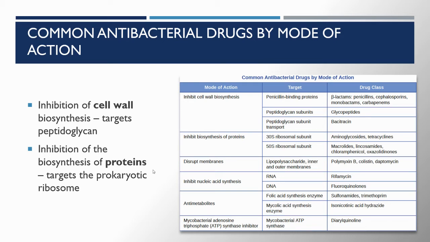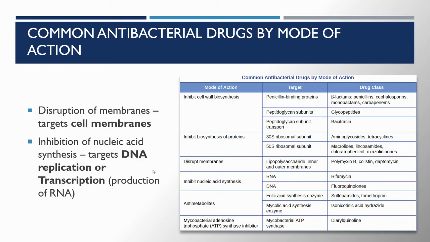Some protein synthesis is for structure, membrane proteins for all sorts of different functions, but most proteins are produced as enzymes that have a specific role in metabolism, carrying out some chemical reaction that the cell needs to survive. So if we in some way affect that enzyme, then that step in a metabolic process doesn't get done. And we have to have metabolism. We need the products from those chemical reactions in the cell when we need them. So those ribosomes and protein synthesis are a really good target.